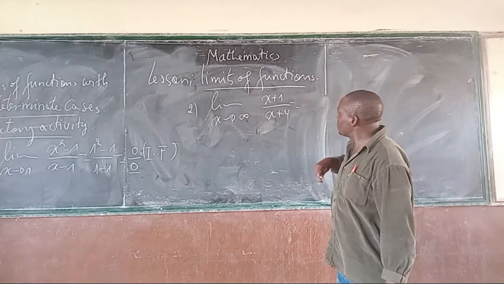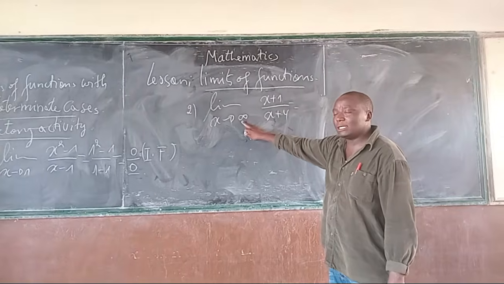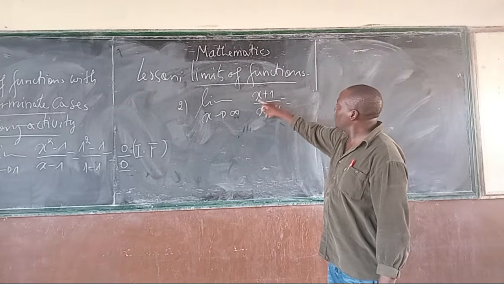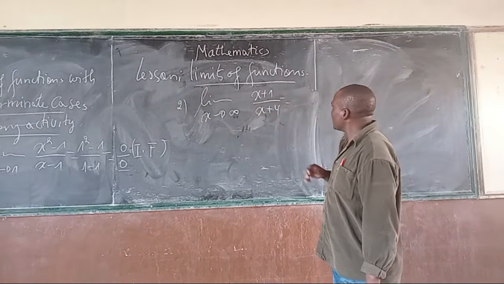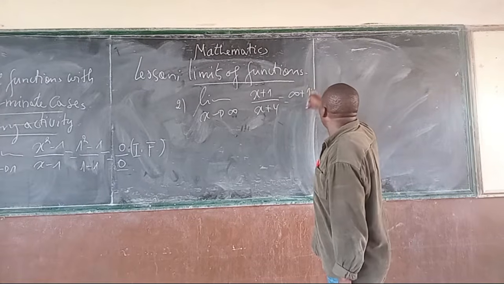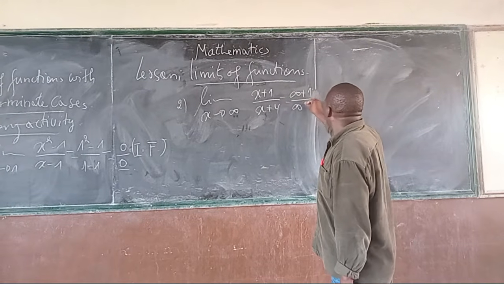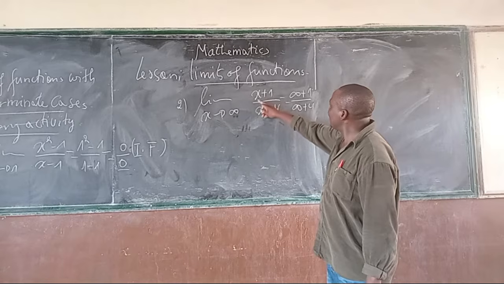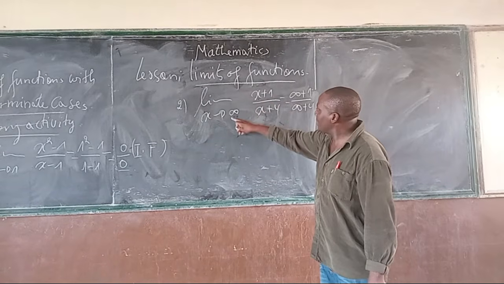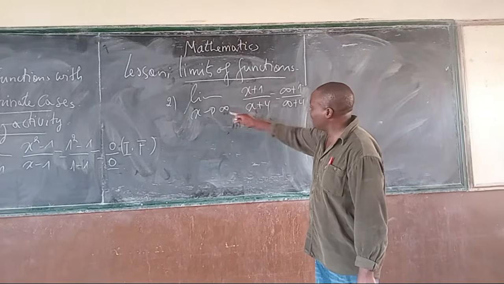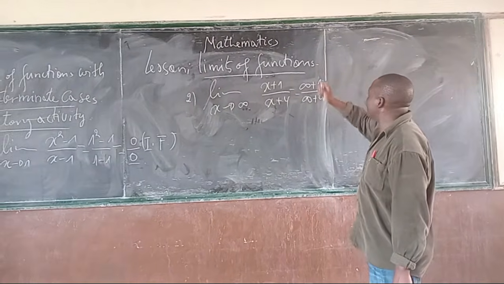The first thing to do is to replace x with infinity. You get (infinity + 1) out of (infinity + 4).